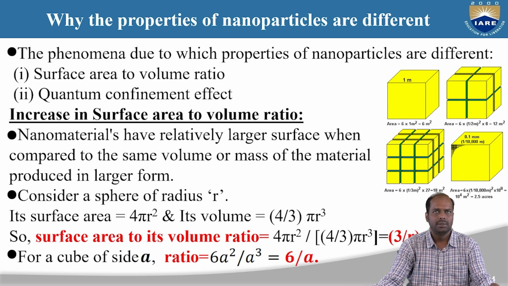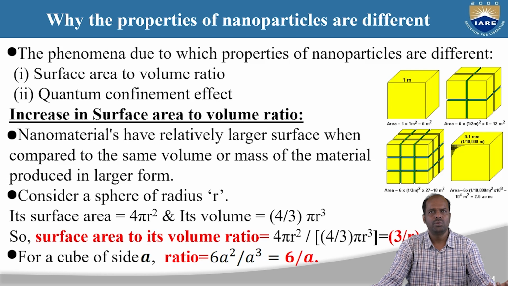The phenomena due to which the properties of nanoparticles are different: one is surface area to volume ratio, and the second one is the quantum confinement effect. Because of these two phenomena, the structural, electrical, magnetic, optical, all the properties change.